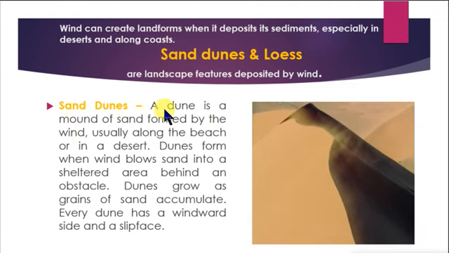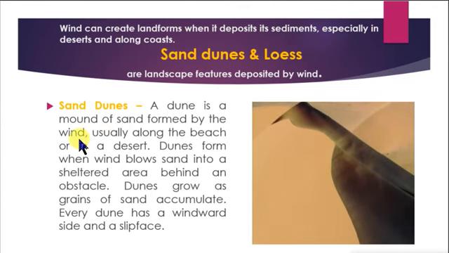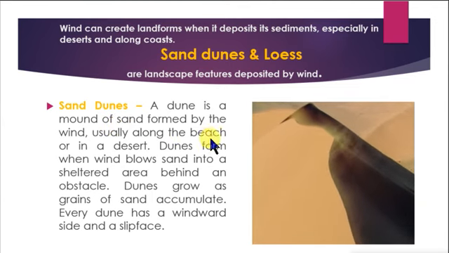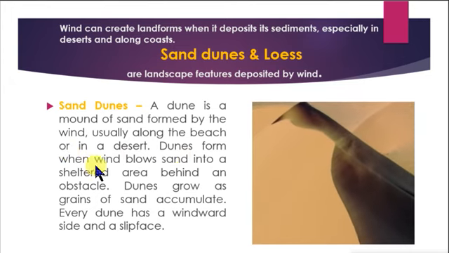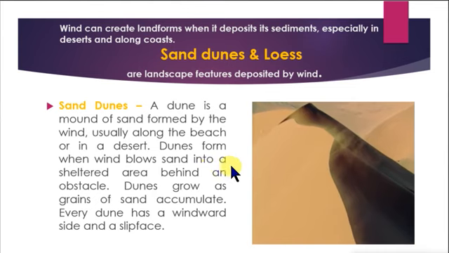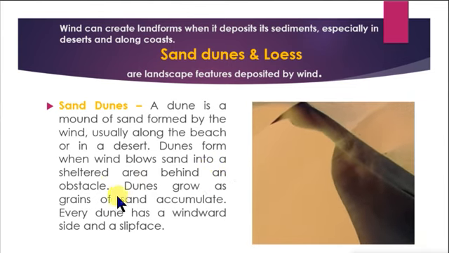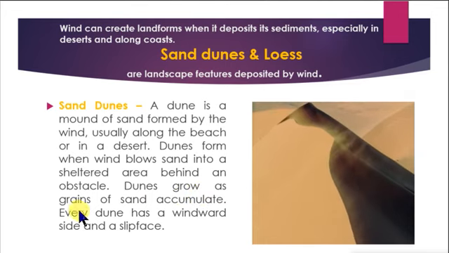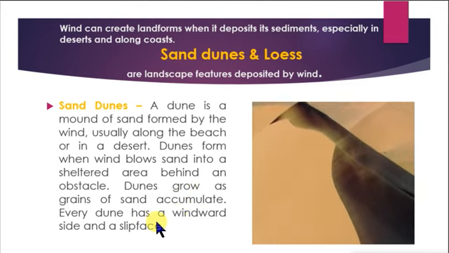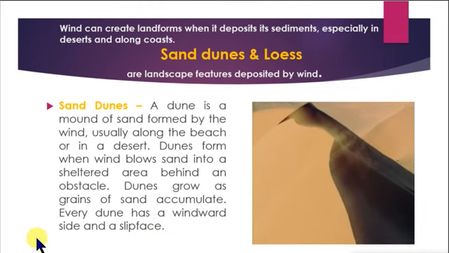A dune is a mound of sand formed by the wind, usually along the beach or in a desert. Dunes form when wind blows sand into sheltered areas behind an obstacle. Dunes grow as grains of sand accumulate. Every dune has a windward side and a slip face.